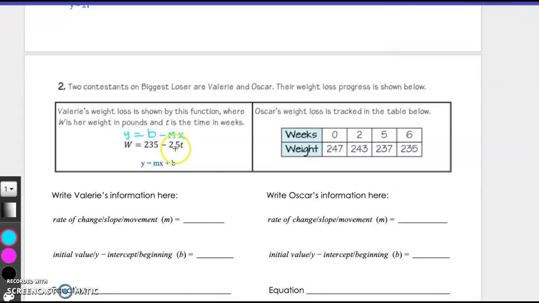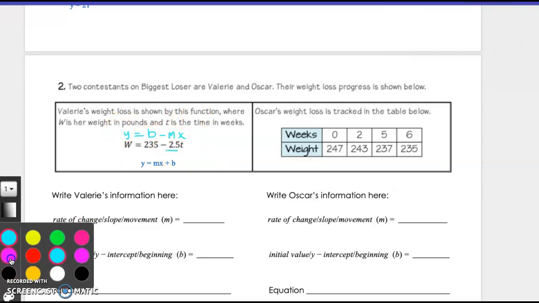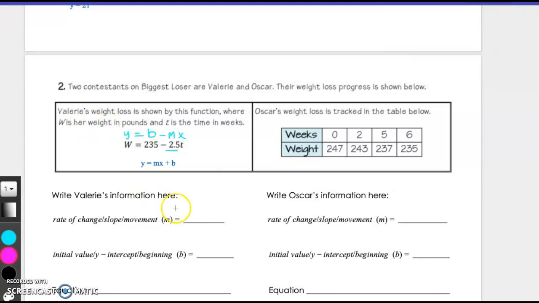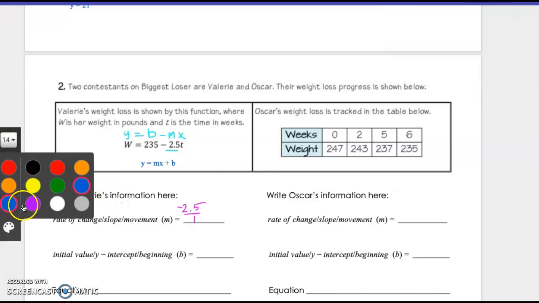From that information, m is our movement, our slope, our rate of change, and it's negative 2.5, which makes sense, right? Because she's losing weight. So our rate of change is negative 2.5. I'm going to write it over 1 so that we know what we're talking about.